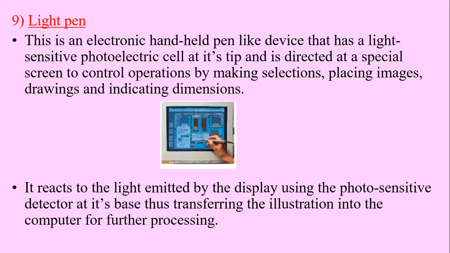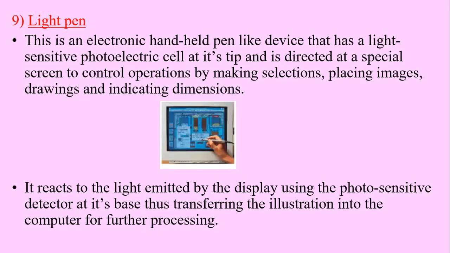The ninth device is the light pen. This is an electronic handheld pen-like device that has a light-sensitive photoelectric cell at its tip and is directed at a special screen to control operations by making selections, playing images, drawings, and indicating dimensions.